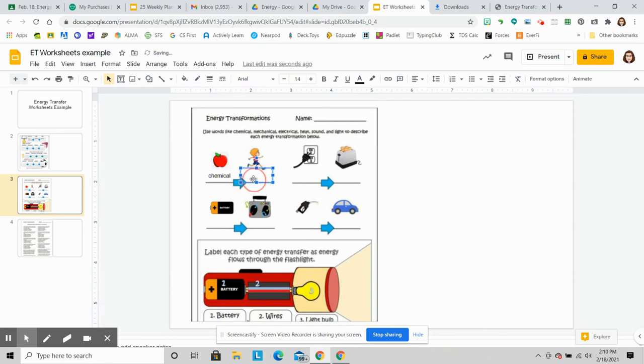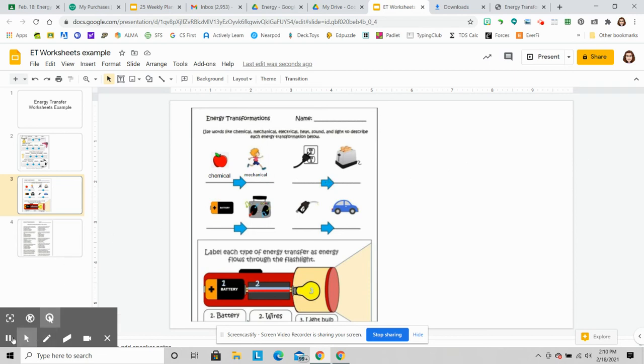So you call that chemical, and then someone running is mechanical or kinetic. Either one would work there. So these are just going to be the different types of energy. Those are found in lesson 2 of chapter 4, or on the slideshow from yesterday, or on your word list. Any of those places would be helpful.